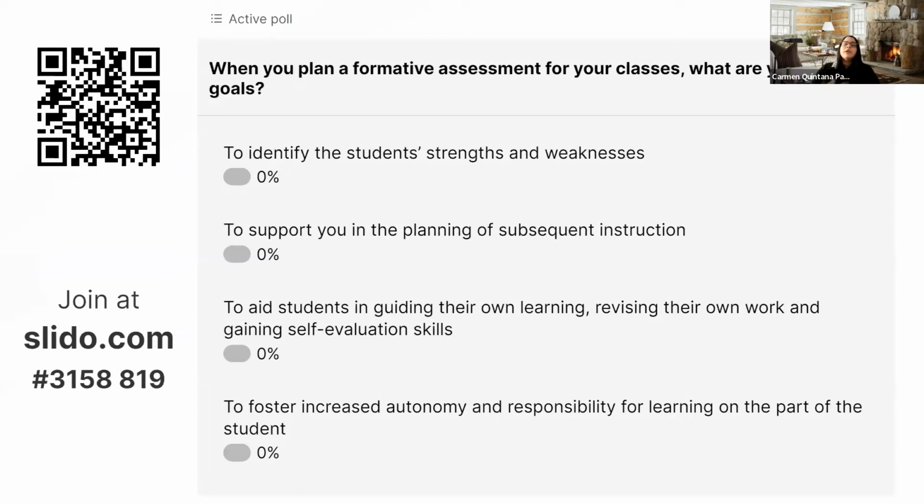The options are very much the options that we saw as part of the definition. Remember, it can be one or more of the following. What are your primary drivers when you plan a formative assessment for your classes? Again, you can scan the QR code using your phones, or you can join using your phone browser, using slido.com and entering the code on screen.